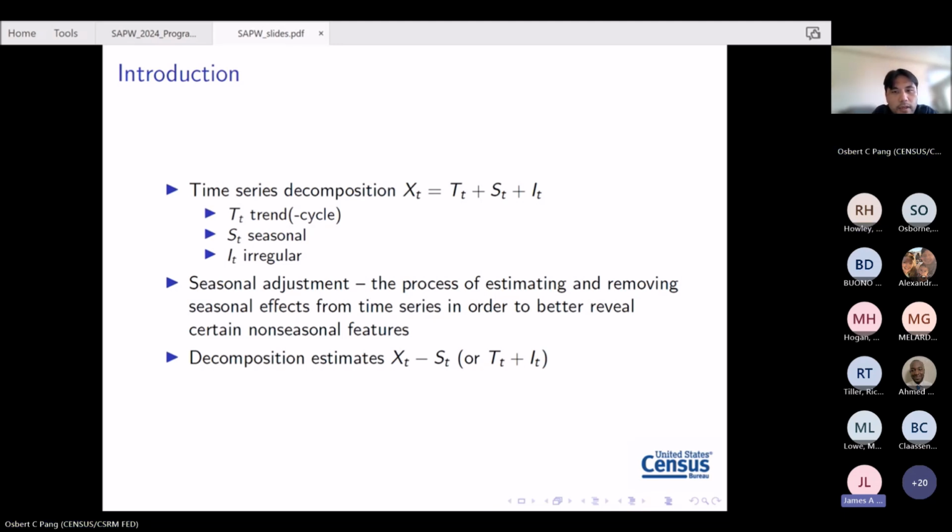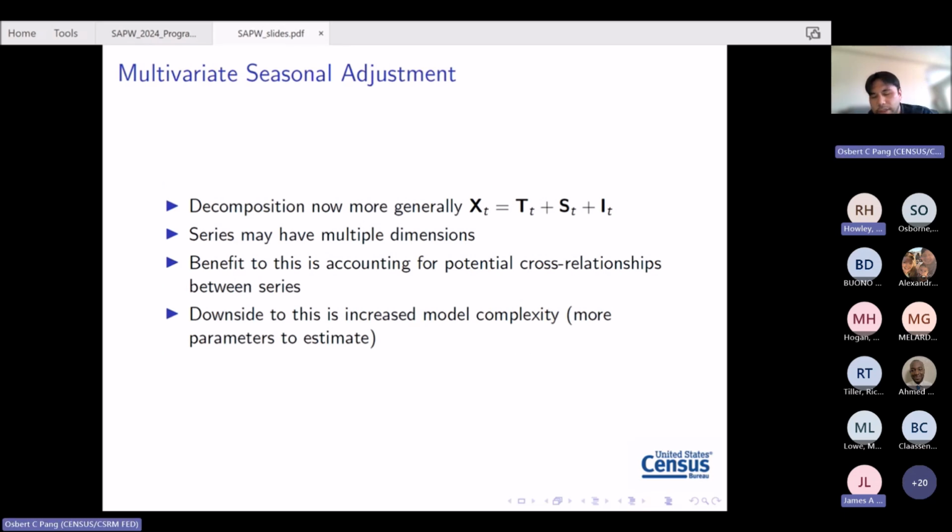So the seasonal adjustment estimate is just our series minus the estimated seasonal, or alternatively, it's an estimate of the trend plus the irregular. So how does this change slightly when we talk about this in a multivariate sense? Well, in general, now our X, T, S, and I are potentially multidimensional.